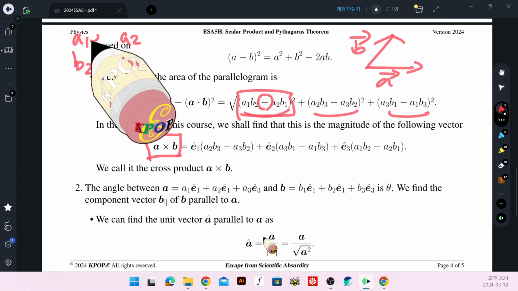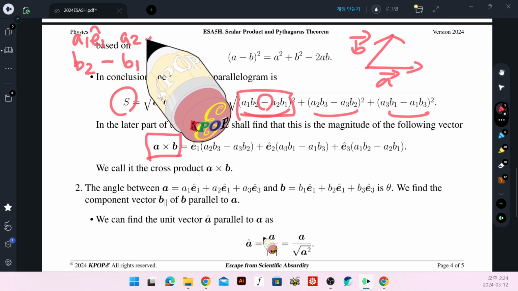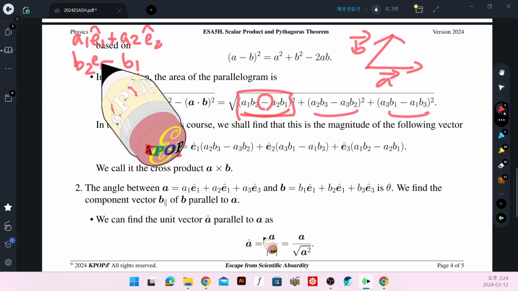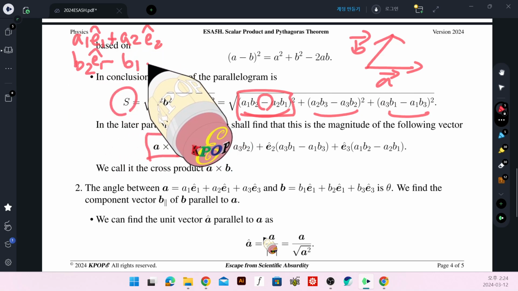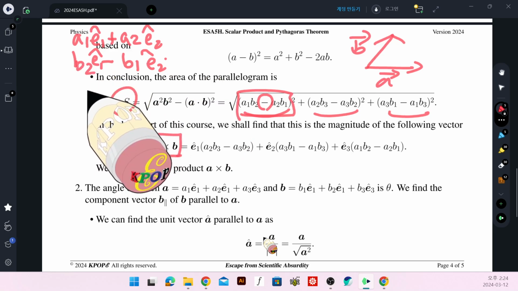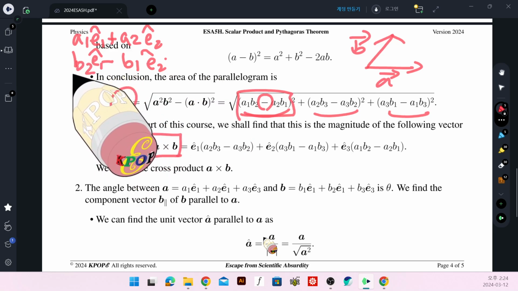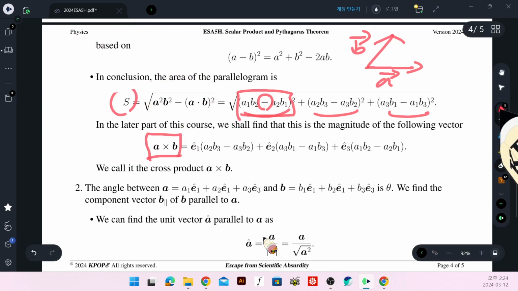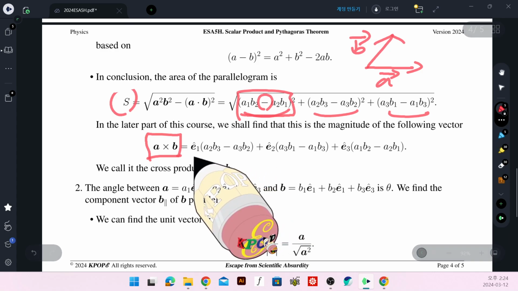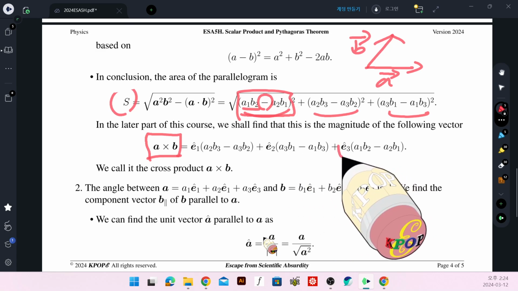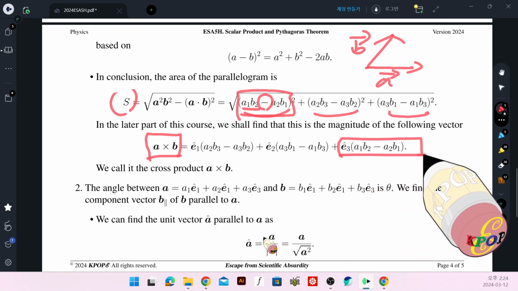For example, e1 hat, e2 hat plus e1 hat, e2 hat. So 1, 2, 2, 1, 1, 2, 2, 1, this term. Let us consider this term only.